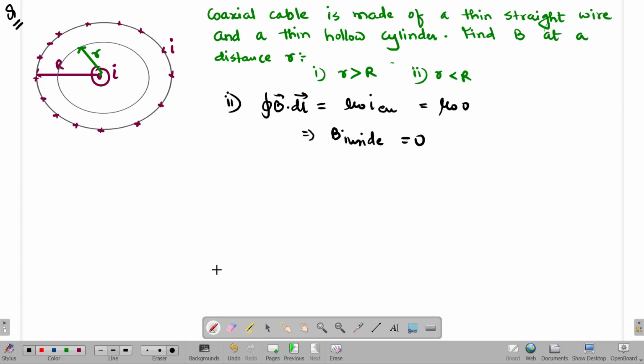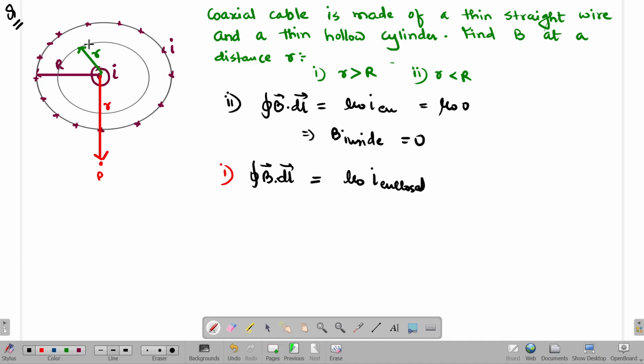And when I consider an external point for r greater than capital R, if I apply integral B dot dl, then mu naught I enclosed I have to consider. But see, on a hollow region, the current will never be present inside it.